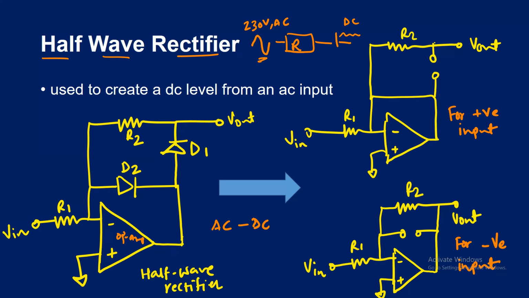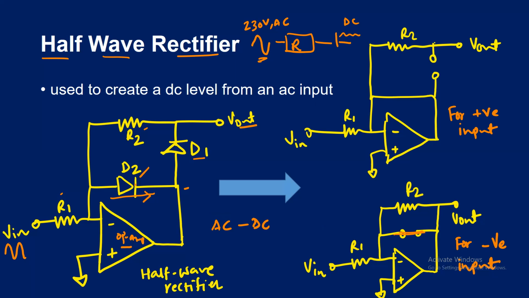What we see here is an operational amplifier with a signal Vin applied to the inverting terminal, and you have the resistors R1 and R2, and especially there are two diodes, diode D1 and diode D2, and the output is taken from this end.